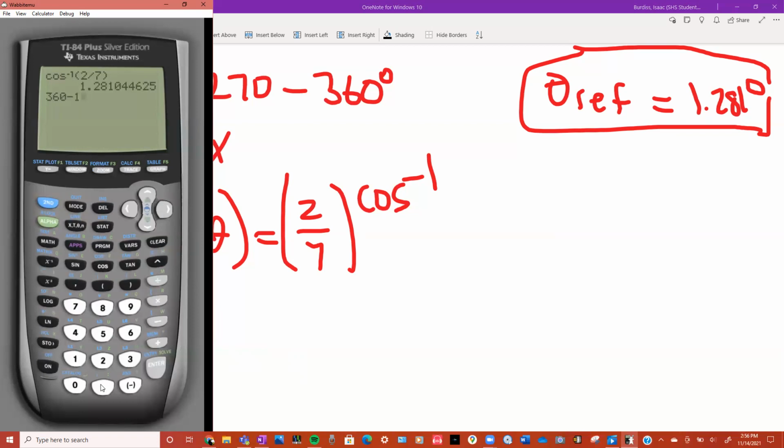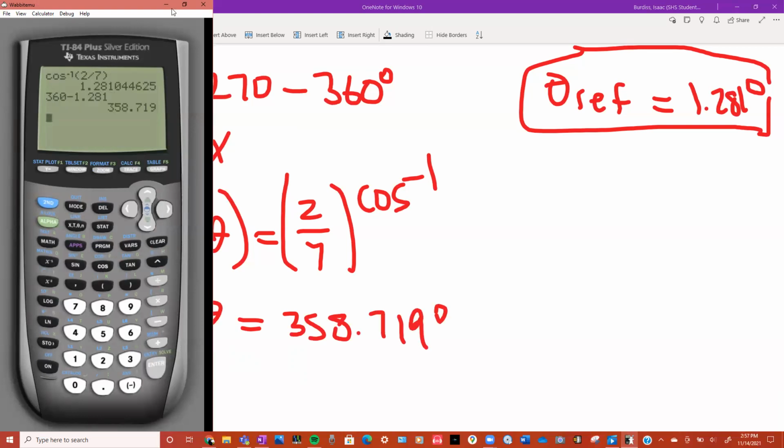Even if you don't remember specifically, you can try anything with 360 or 180 and know if it's right or wrong, because we know it needs to be between 270 and 360. And that's right, because we get a value in between, which means our angle is 358.719 degrees.